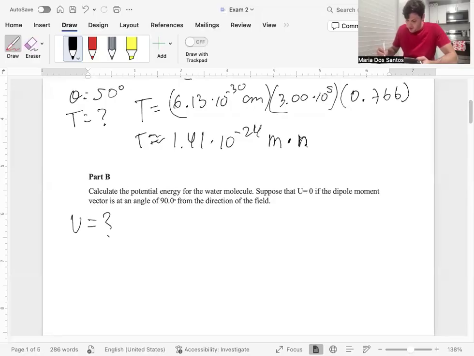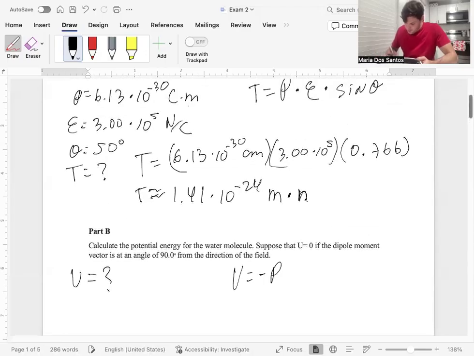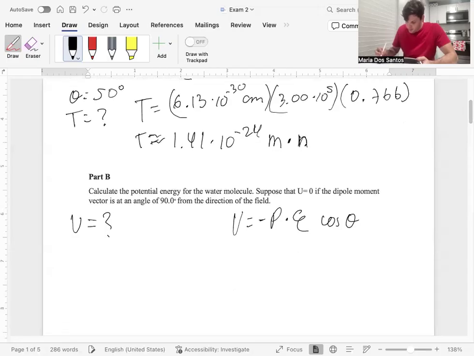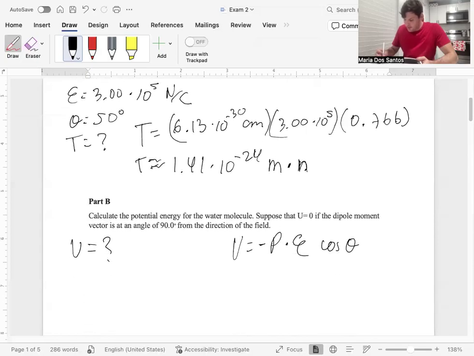Potential energy, we know the formula is minus dipole moment times electric field times cosine of the angle.